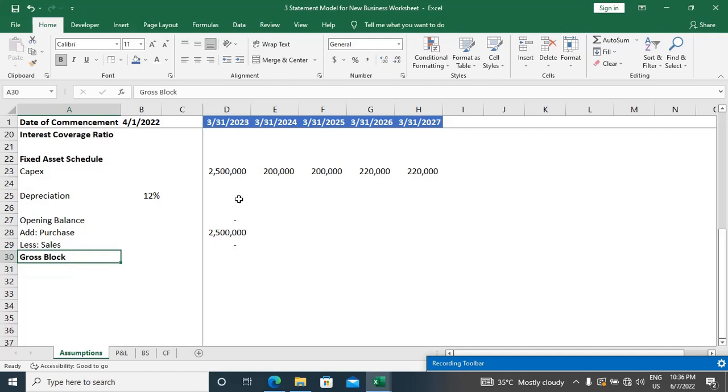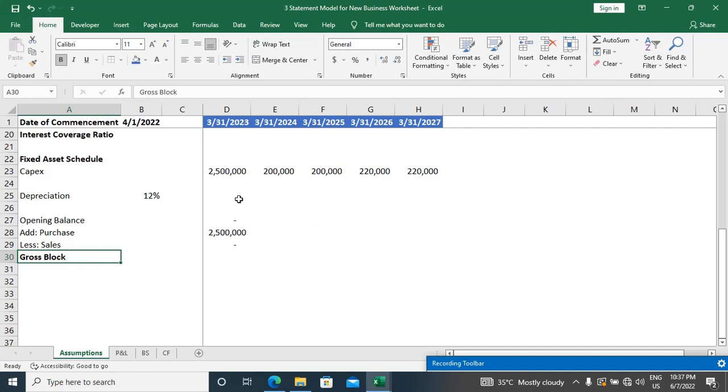So gross block is without adjusting the depreciation. When we adjust the depreciation part, or we can call it accumulated depreciation, along with this gross block, then only we can come up with a net block which will be reflected on our balance sheet.